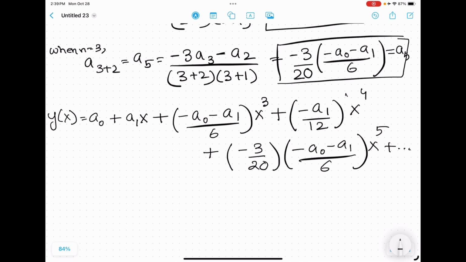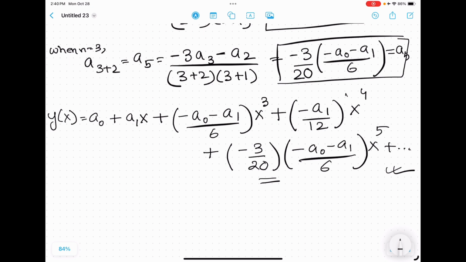Now, in this situation you can leave this answer as it is, or you could also further simplify it. There are people who might want to get rid of this negative so that my a sub 0 and my a sub 1 just become positive, so I have a minus sign out front. And you can also simplify this one here, canceling my 3 and 6, and then multiplying 20 times 2, which turns out to be 40 in my denominator.